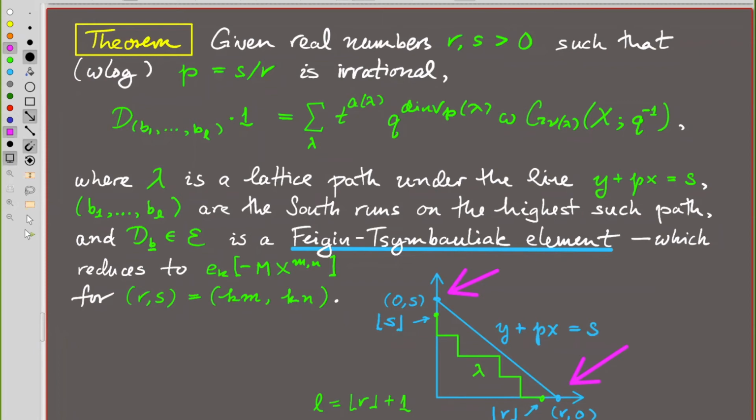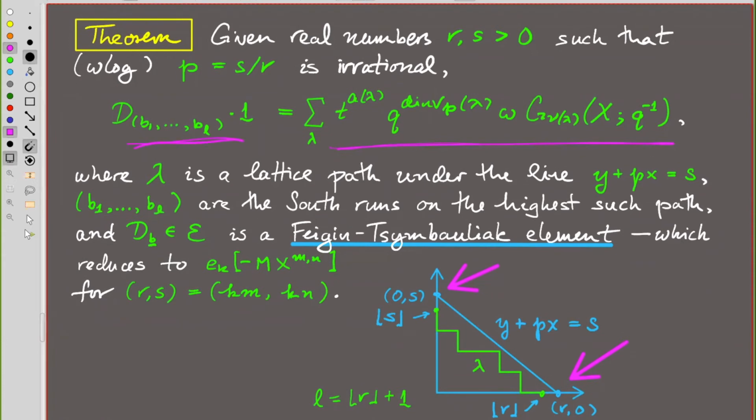And then we'll have a formula where the right-hand side is the same kind of thing you've seen before. You have t to the area, q to the dinv in this p-balanced way, and an LLT polynomial that's constructed from the south runs in the lattice path, ordered and so on according to how far they are below that line. And the left-hand side is now another operator in the Schiffmann algebra called the Feigin-Tsymbaliuk element applied to 1.